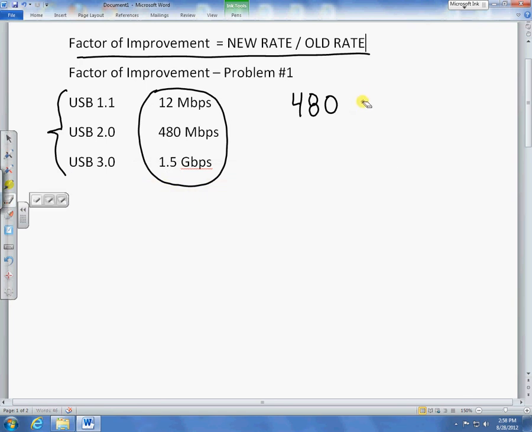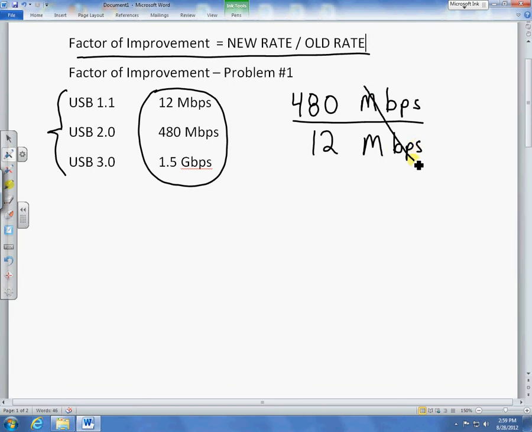So it's 480. Now we've got mega, just abbreviate that with the M, and then the unit here is bps, or bits per second. Again, megabits per second. Both of these are rates, so they'll cancel each other out.